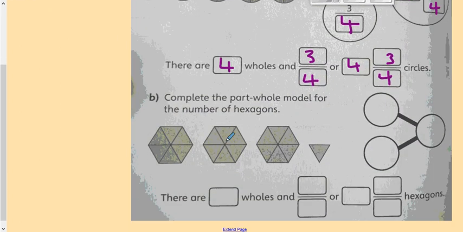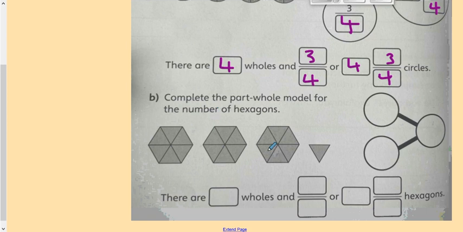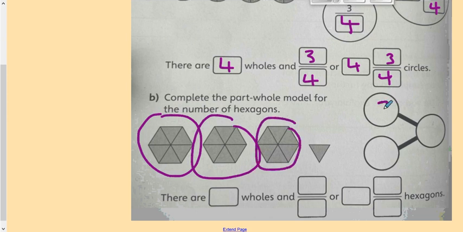The bottom one, complete the part-whole model for the number of hexagons. So let's count the wholes first. 1, 2, 3 wholes. I'll write that there. There are 3 wholes. And there's 1 left over of something. So we need to work out what the denominator would be for that.